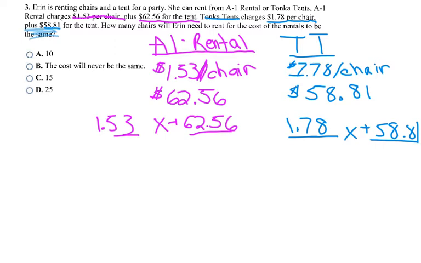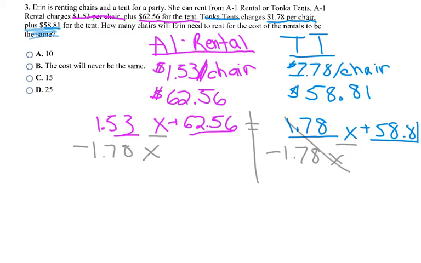So to know when they are the same, I have to set these equal to each other. So I set these equal to each other, and that's what I'm solving for. Now I'm going to be solving for x. So I'm going to have to combine like terms. I have an x on the left side and an x on the right side. So I'm going to go ahead and combine those by bringing all of the x's over to the left side. So that means I'm subtracting 1.78x from both sides.